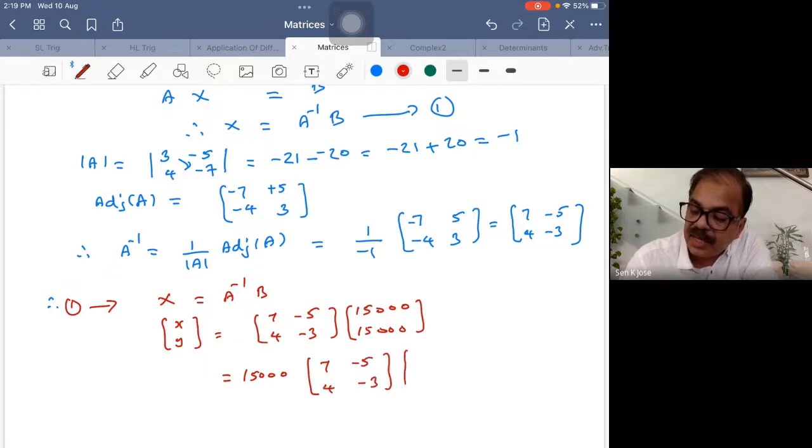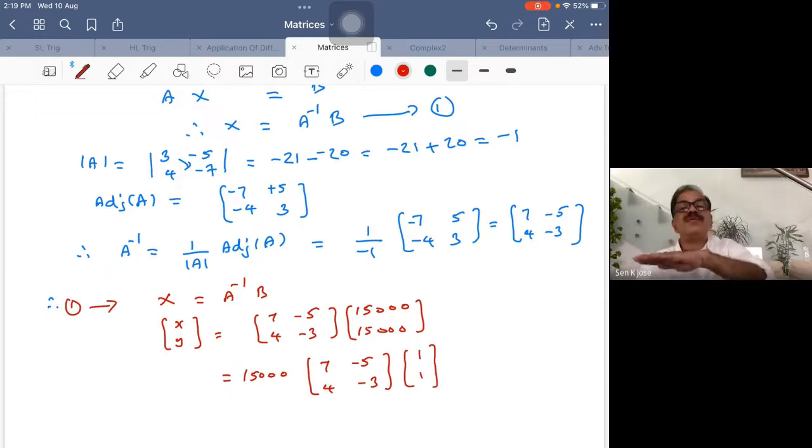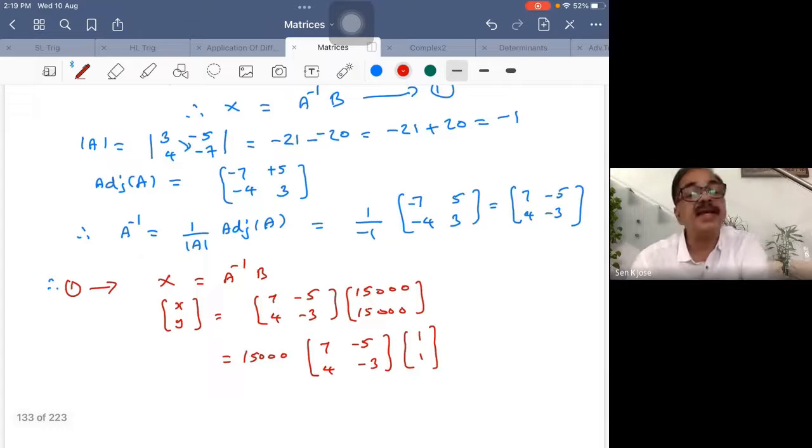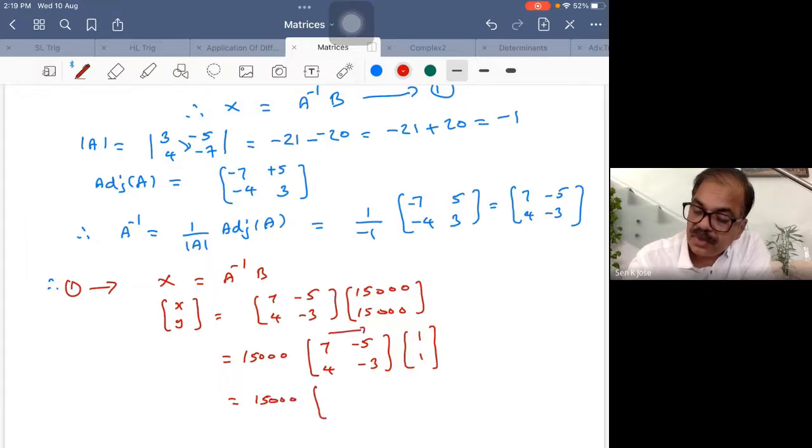You can take anything out like that only if it's common factor for every single element. And here it is in the second matrix. So I took it out, so my multiplication becomes easier. So 15,000 into row goes with the column: 7 into 1 plus minus 5 into 1, next row 4 plus minus 3.